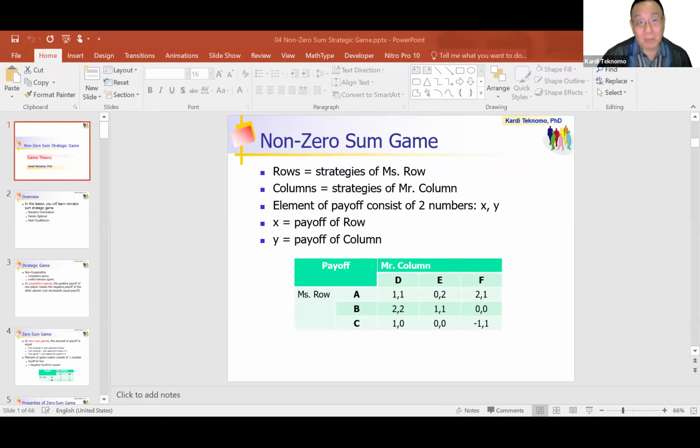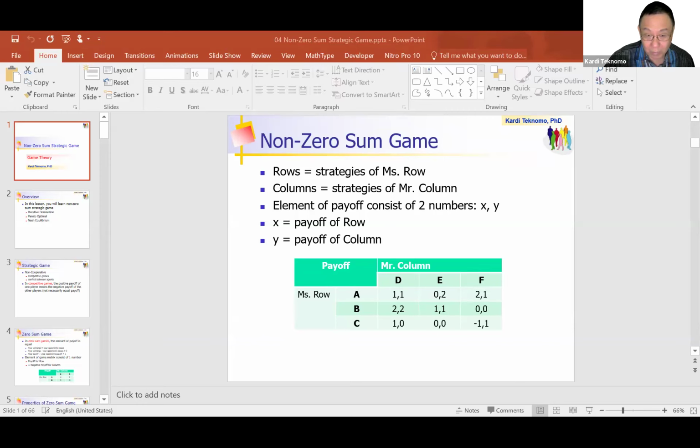But if you have non-zero-sum games, now you have two numbers because you have two players. The first number is for the row, the second number is for the column. Okay? You see? So in this example, if Miss Row plays A and Mr. Column plays F, then Miss Row will get 2, Mr. Column will get 1.